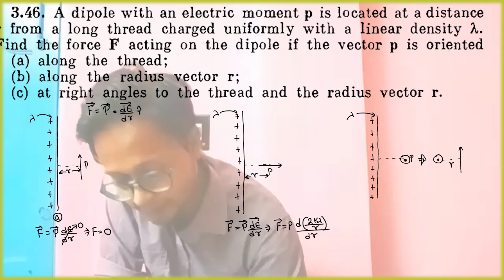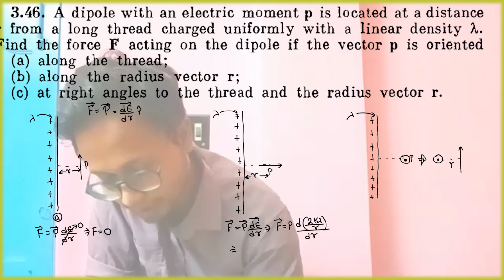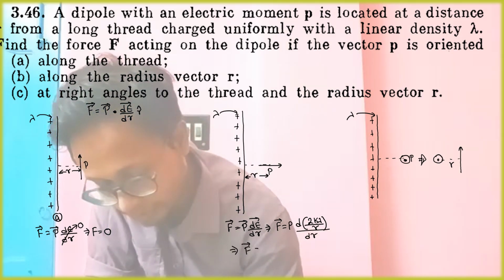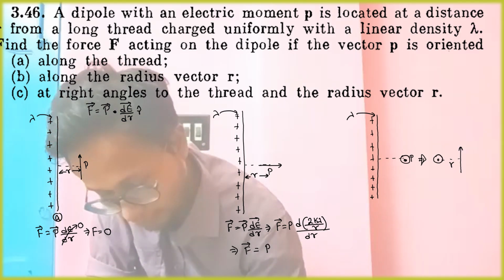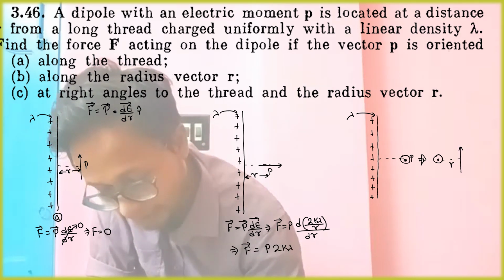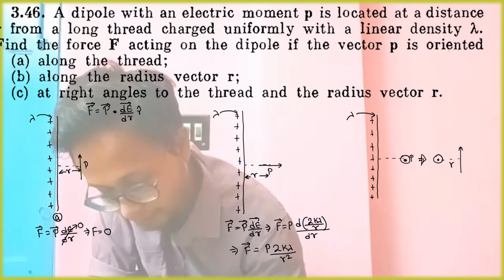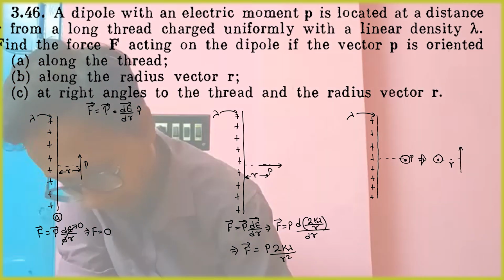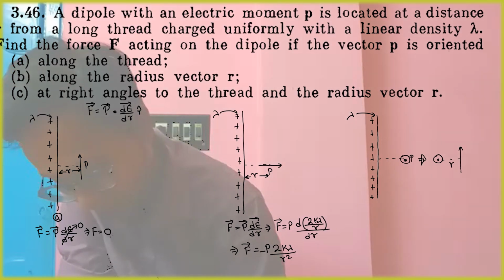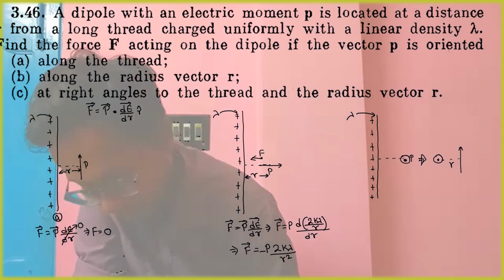If I differentiate this, F is equal to P into 2k lambda by r square. There will be a minus out here. Minus means the force is acting in this direction.